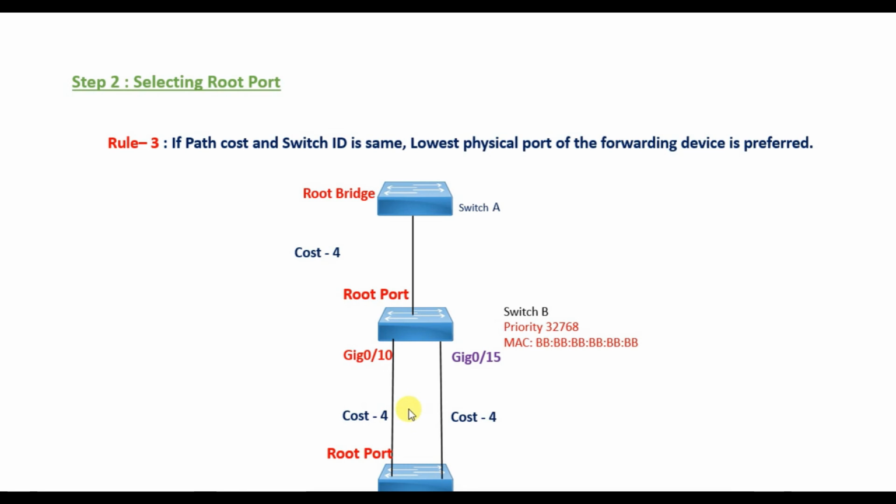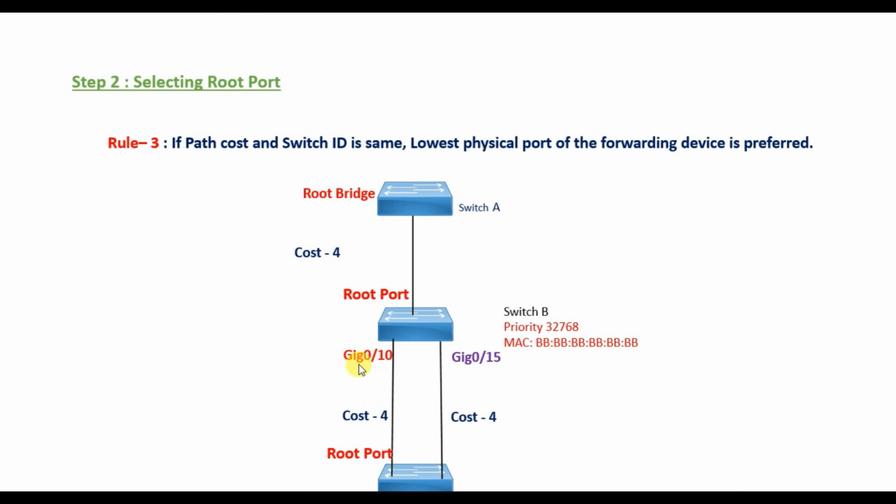As per rule 2, I need to check the bridge ID, the switch priority and the MAC address, but as both links terminate on the same device, obviously both are the same. So rule 2 also cannot be applied. So I'm going for rule 3, that is, the lowest physical port of the forwarding device is preferred. Here I have two links terminated on the upstream device.